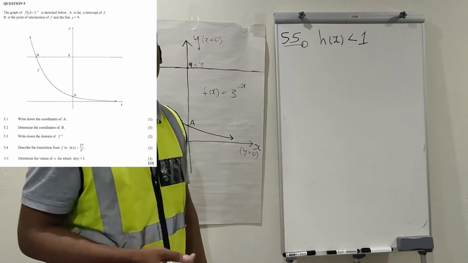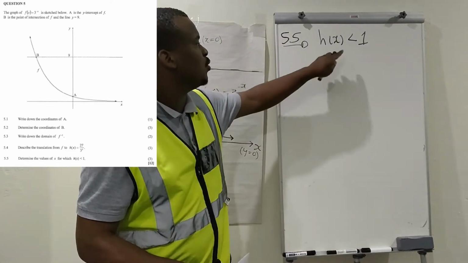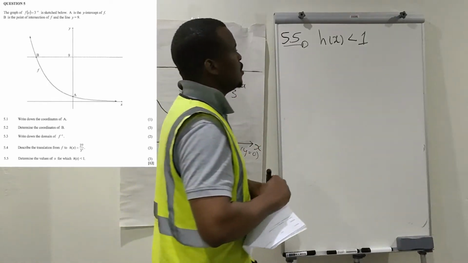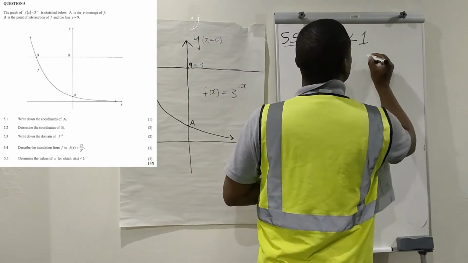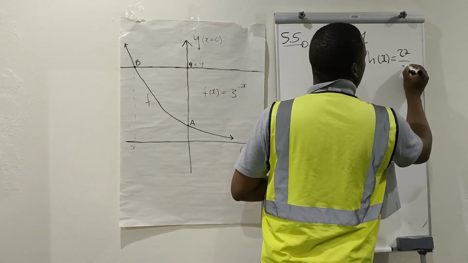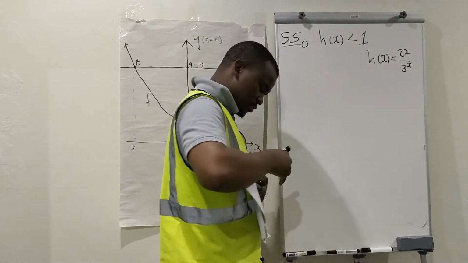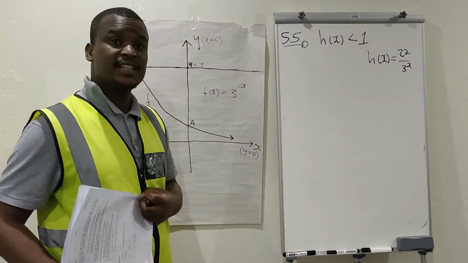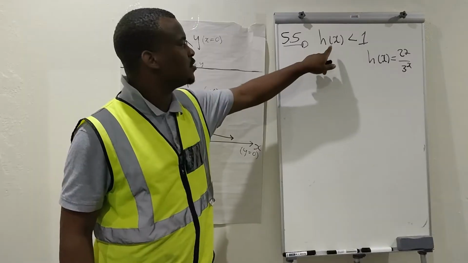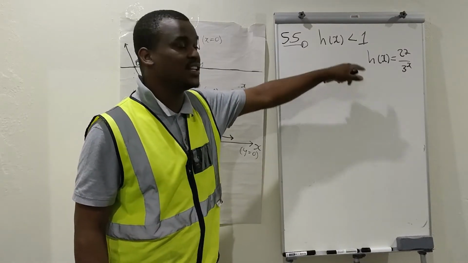This is basically question 1, except that you have to substitute your h of x yourself. You're told that your h of x is equal to 27 over 3 raised to x.